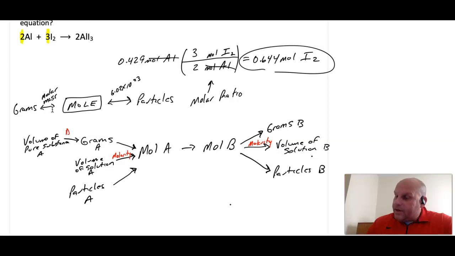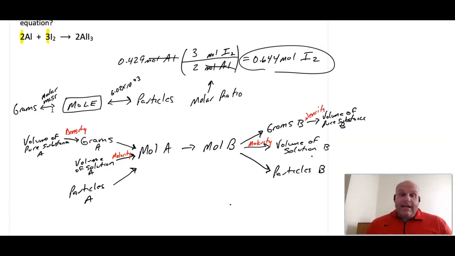By pure substance, I'm referring to an element. And then that means I could do the same thing back out on the other side here, volume of pure substance B, and once again, I would do that with the density.